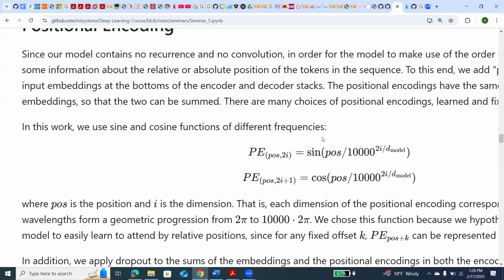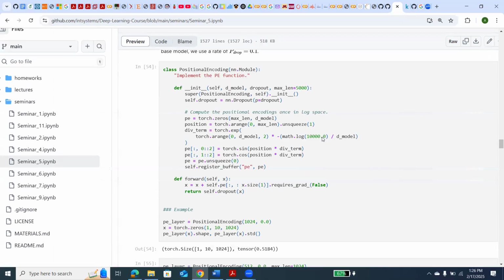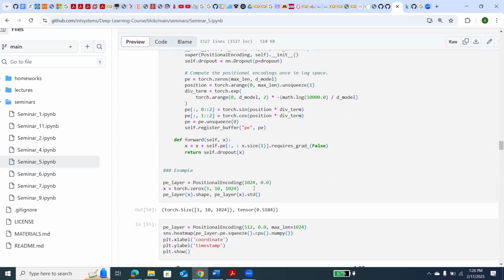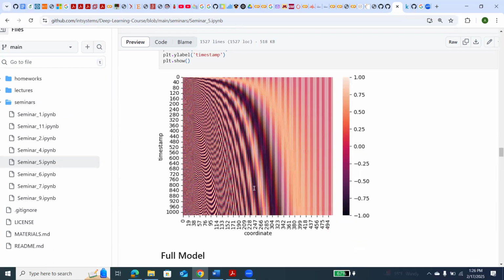Then the third and fourth components will have the sine and cosine of current position divided by whatever number that is. Those were fixed vectors, and we just add them.